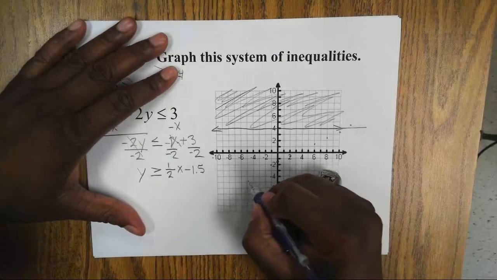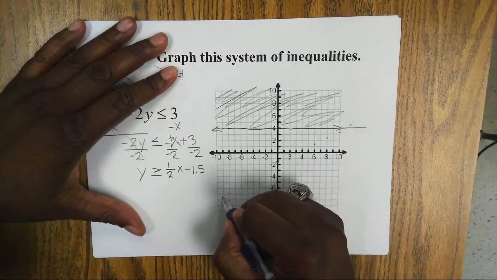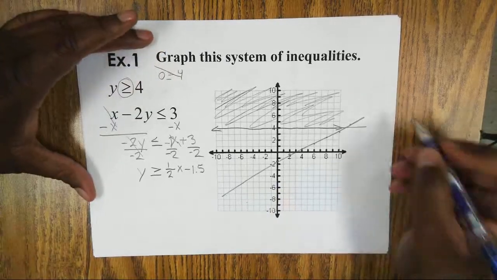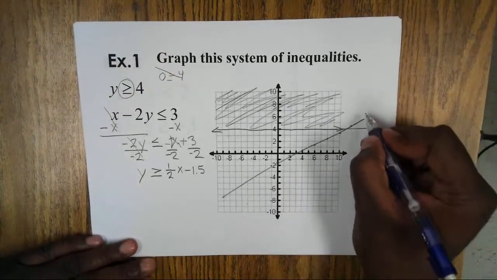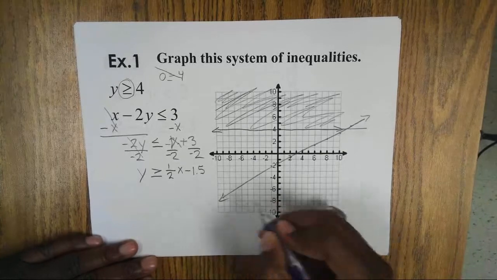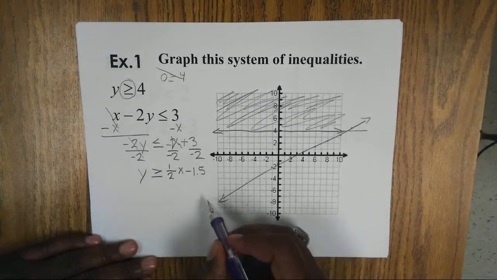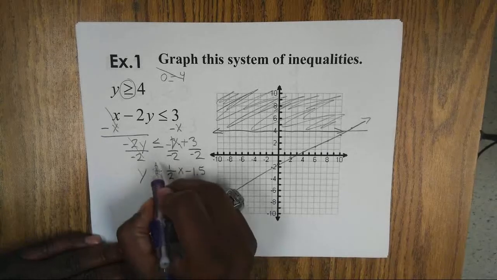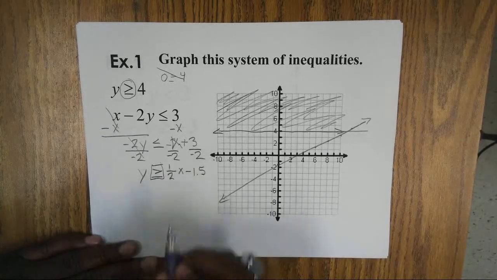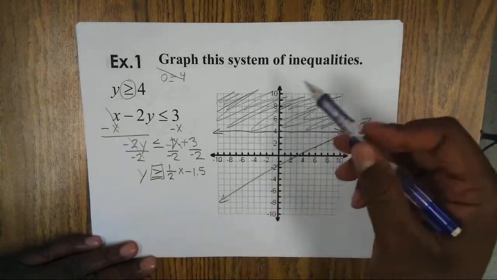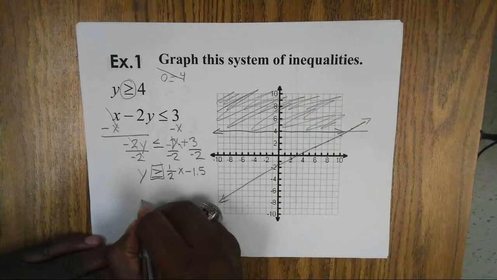So I am going to make a straight line the best I can. And I made it a solid line because right here we have greater than or equal to. Now because it's greater than or equal to, I think I'm going to shade up here, and I'm going to plug in 0, 0 again to make sure.